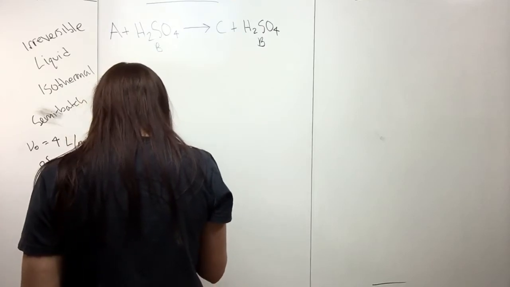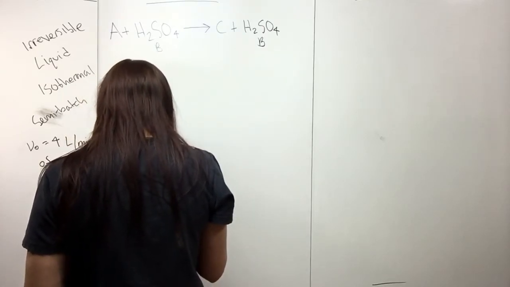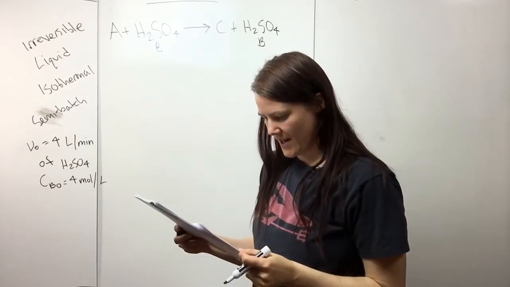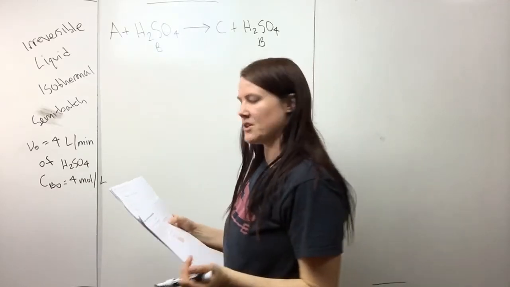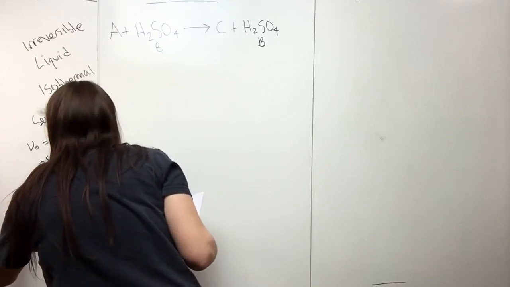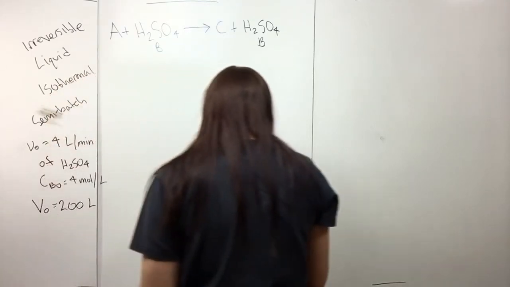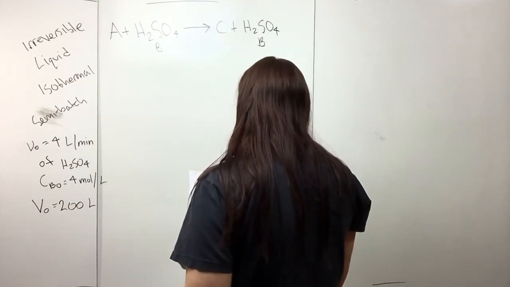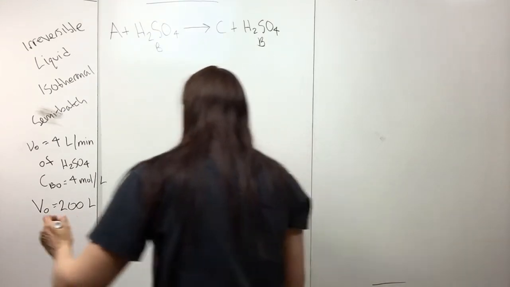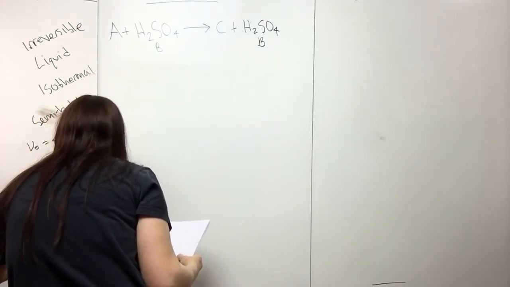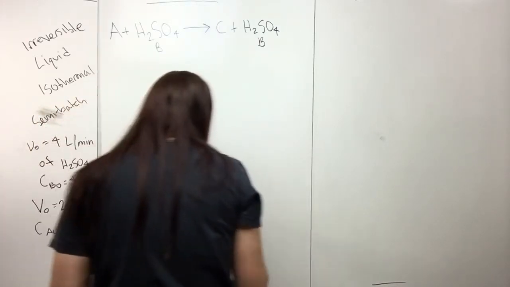And then it says the initial volume, so you have an initial volume of pure A in the reactor of 200 liters, so V initial is 200 liters. The concentration of pure A is 10 moles per liter, so C A naught is equal to 10 moles per liter.